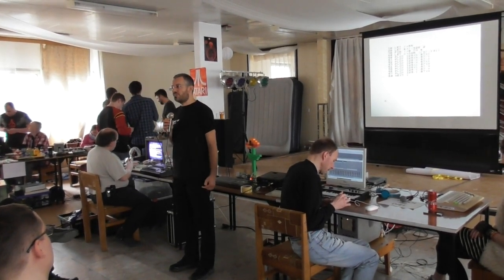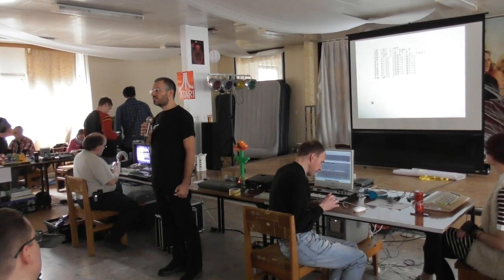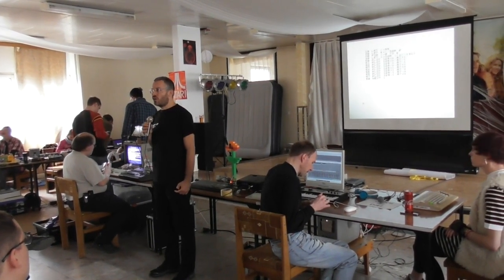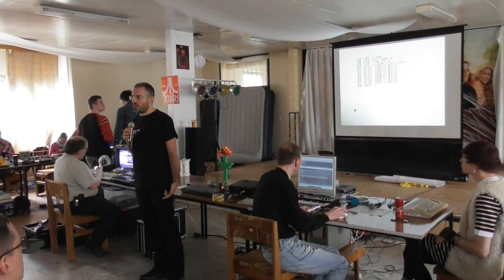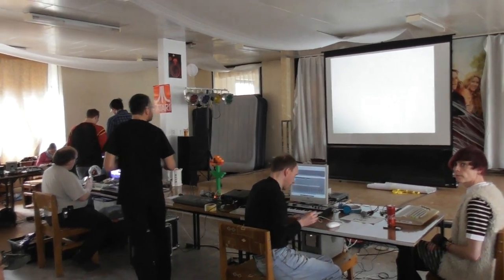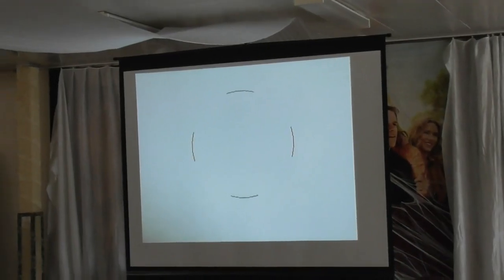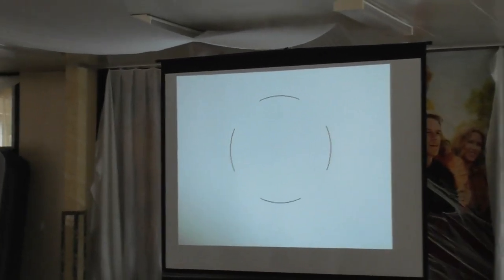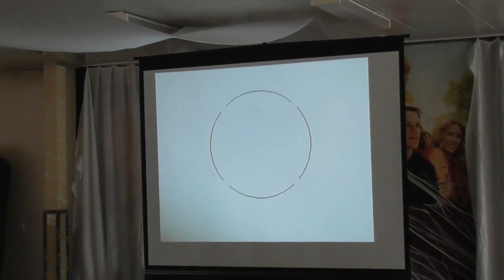So we just iterate through one of the coordinates and calculate the other coordinate as the square root of the square of the radius minus the square of the first coordinate. As you can see, it is reasonably fast, but it could be faster.